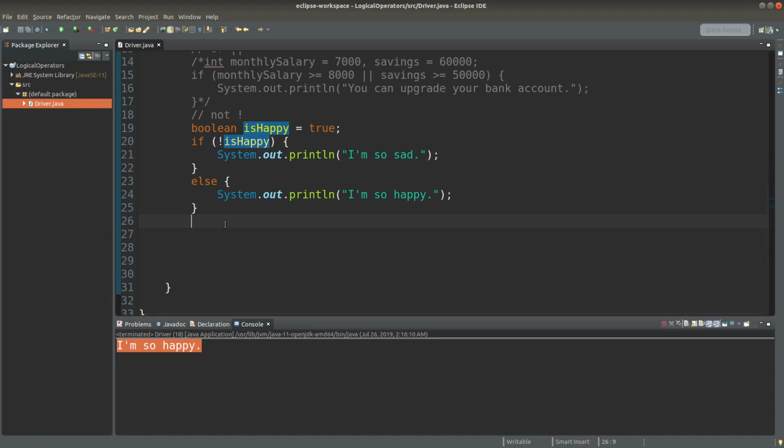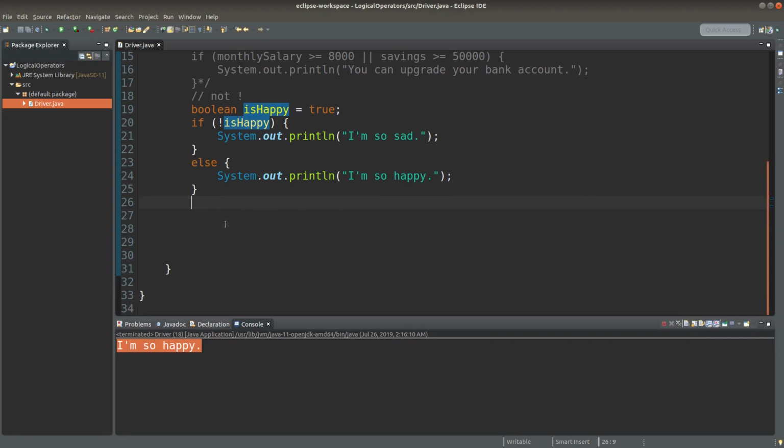Let us see some more complicated examples by combining the use of AND or NOT operators in one combined condition.